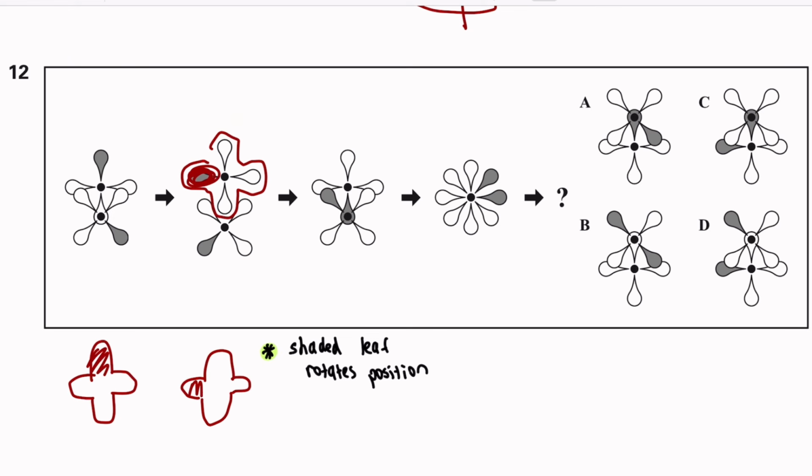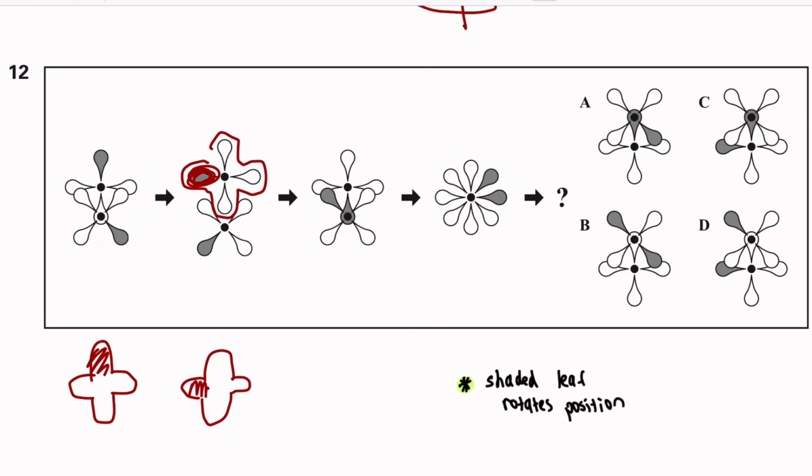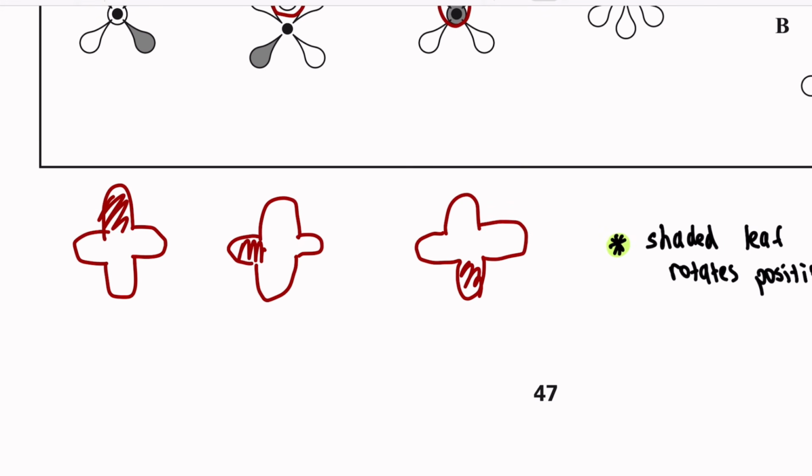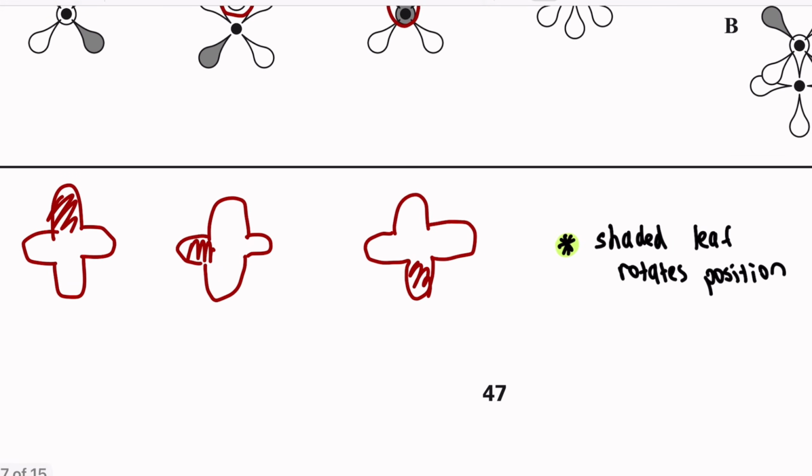And then when you extract it out, extract means to take out, so you take out the shape that looks like that. When you take it out, what's shaded over here? The bottom. So what do you notice is happening with the shaded bits? The shaded leaf is rotating. In this case, it's rotating anti-clockwise.